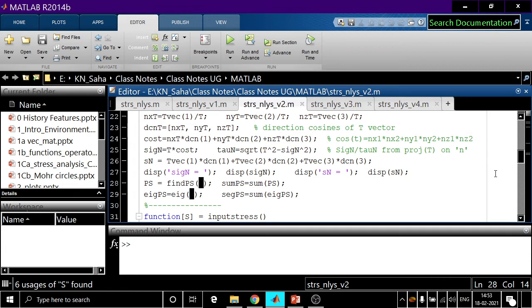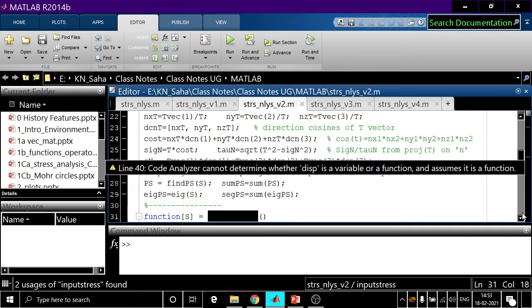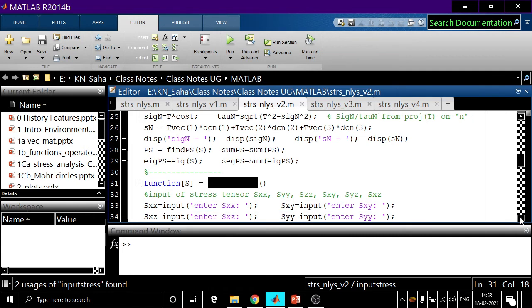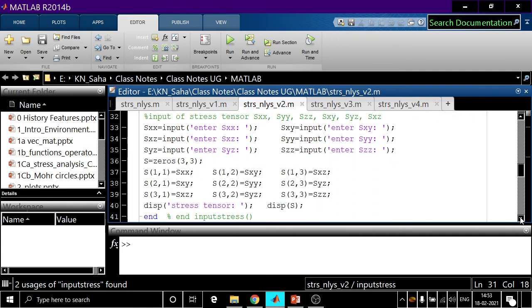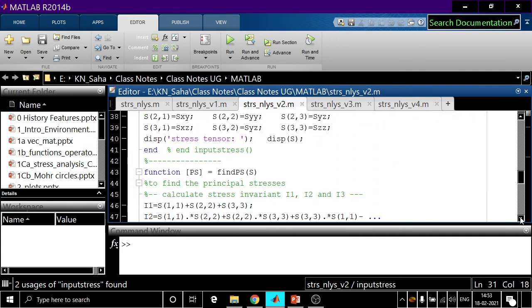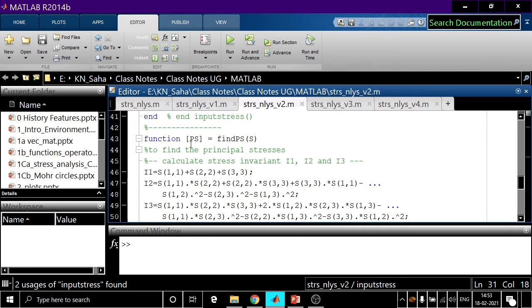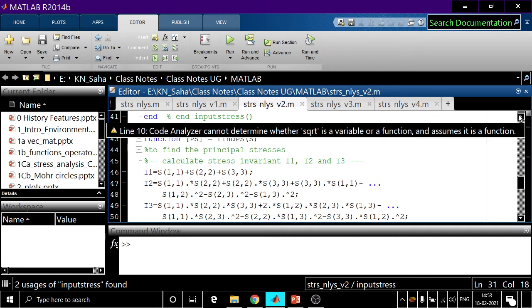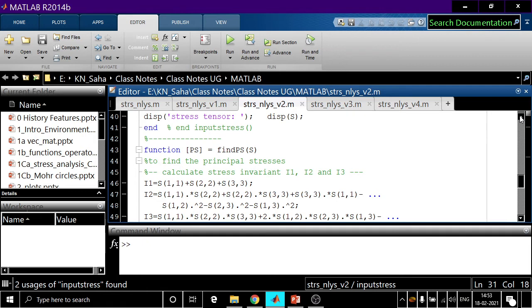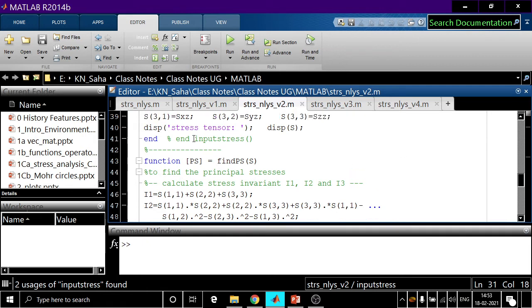Clear? Previously, this function we have seen earlier. Then this is our function, find PS, the name of the function. It has an argument. What is the argument? S is our input stress tensor, right? This one we get from this input stress routine.